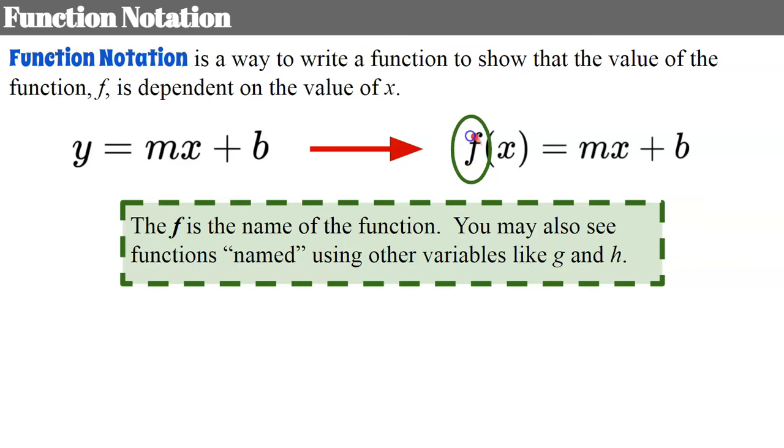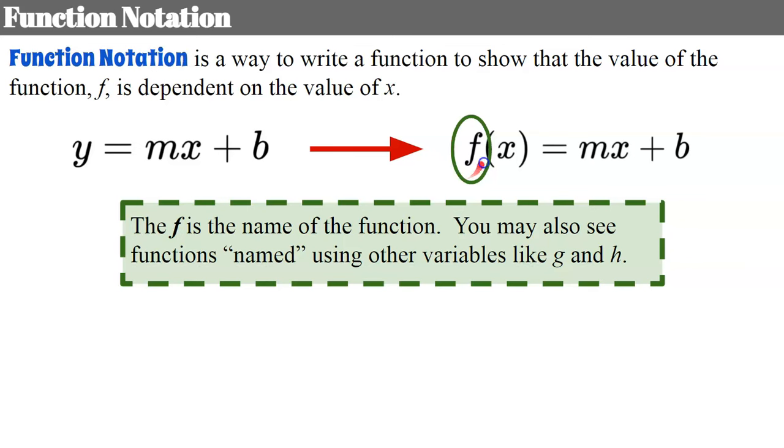This is the most common variable you will see used to name a function. You may also see functions named using other variables like g and h. So math is pretty orderly, so the reason that is g and h is that's what follows f. But you might see d, so a function talking about distance might use d. Later in the video, we'll talk about a biker and use b to name our function.